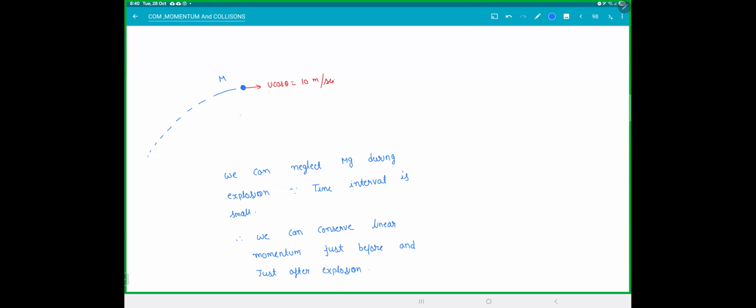So this is the scenario before explosion. After explosion, what happened? Now you made this into two particles. One guy, mass is m by 2, flying up with 20 meters per second. The other guy has velocity v bar, we have no idea how much that is. So we can conserve momentum. Initial momentum will be m into 10 meters per second i cap.